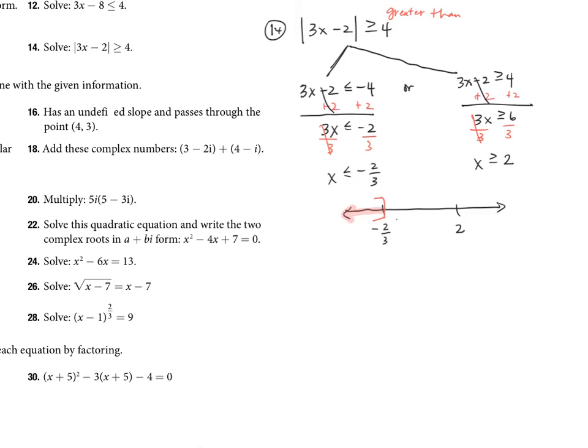And then we have x is greater than or equal to 2, so that would be to the right. Since it has an or equal to, that would get a bracket. And so our interval notation, since our graph is in two distinct pieces, we have to write two distinct pieces for our interval notation. So the first one will be negative infinity to negative 2/3. Union, the second one will be 2 to infinity.